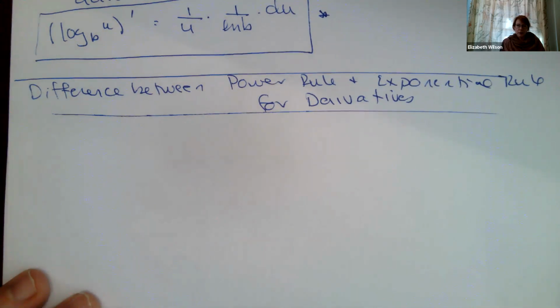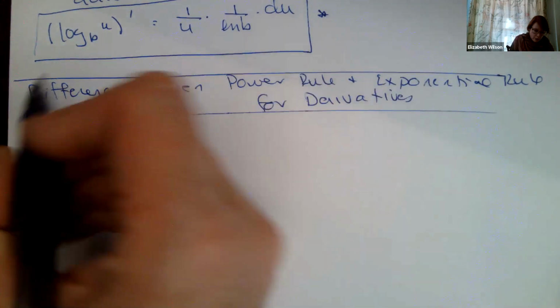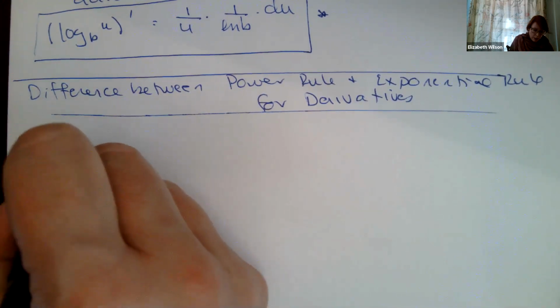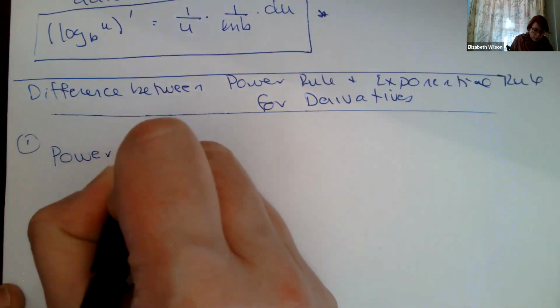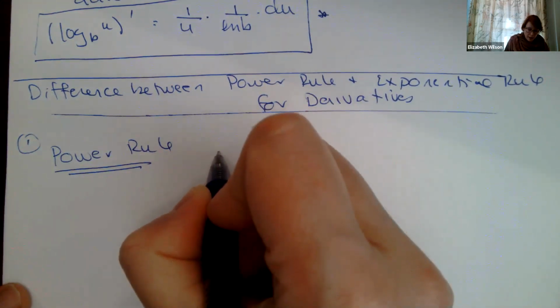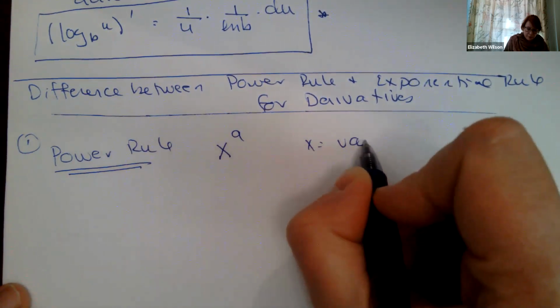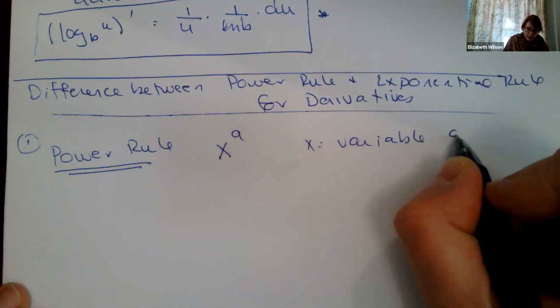Okay, so let's remember, let's talk about things in pieces. First, our power rule. We use the power rule in a polynomial where I have, say, x to the a, where x is my variable and a is a constant.